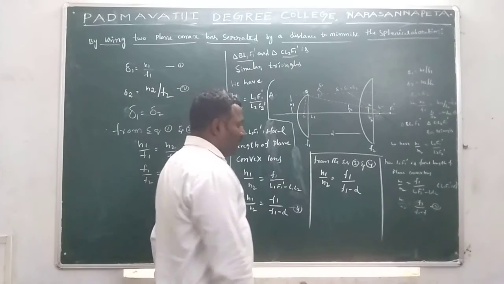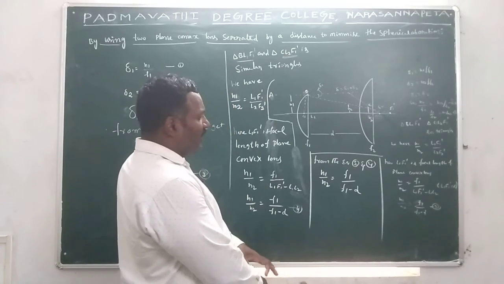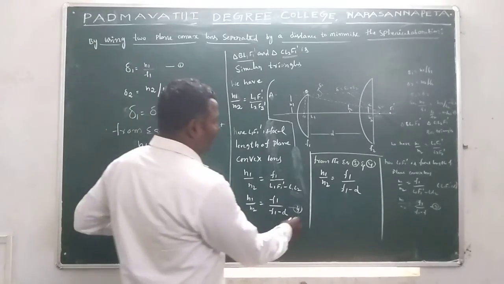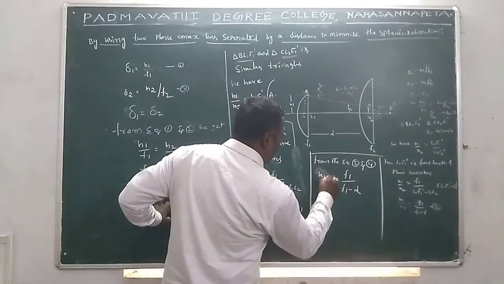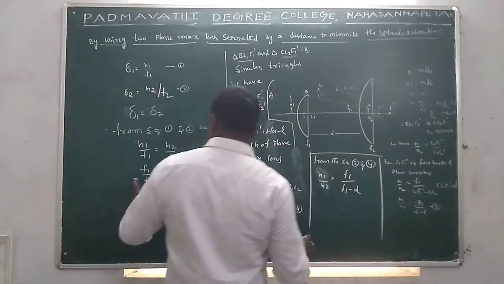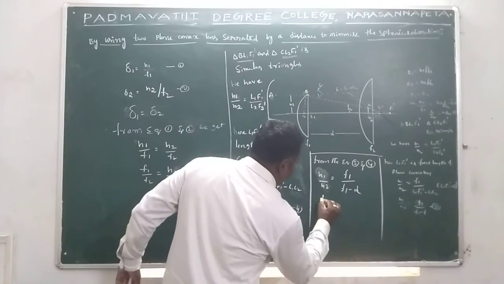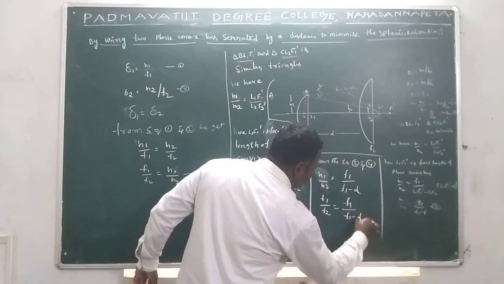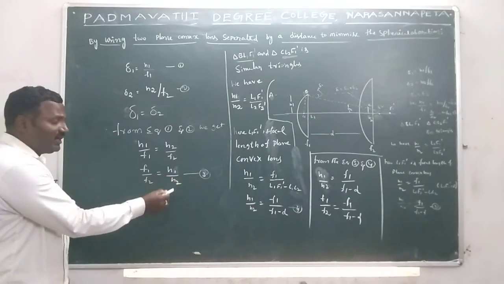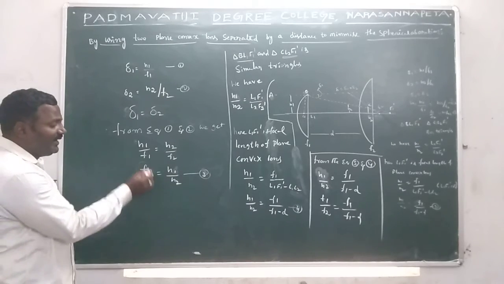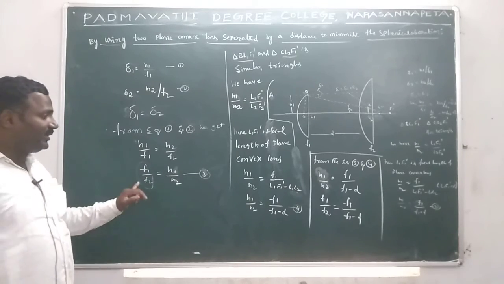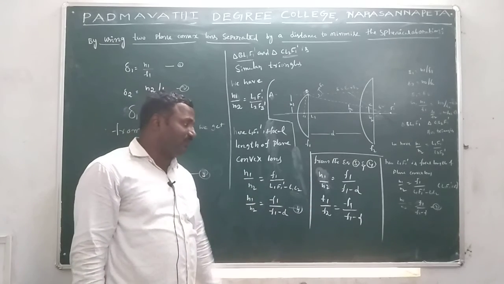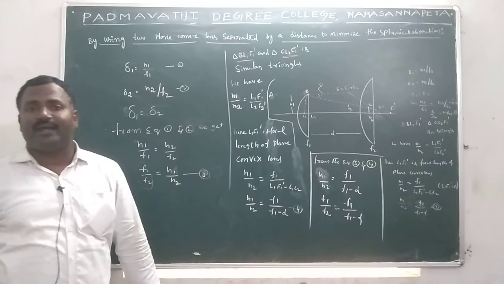So here, what is the value of H1 by H2? It is F1 by F2, which is equal to F1 by F1 minus d. Replacing H1 by H2 with F1 by F2, that is equal to F1 by F1 minus d.